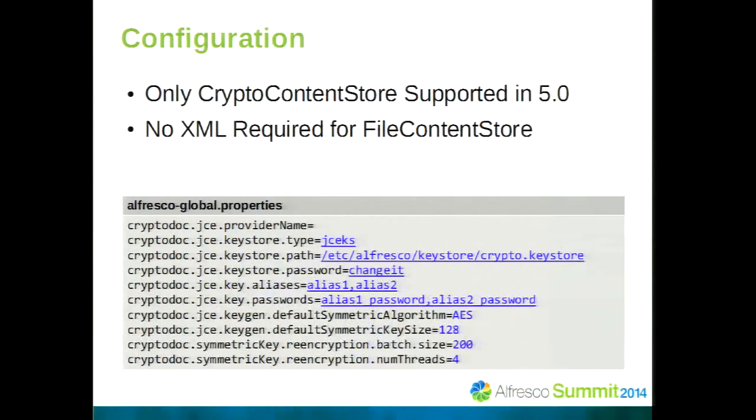How strong? We default to 128 because Java does not have 256 unless you install the extra files. And then some other basic parameters that you can use to try and optimize it with threading and batch sizes. And that's everything.